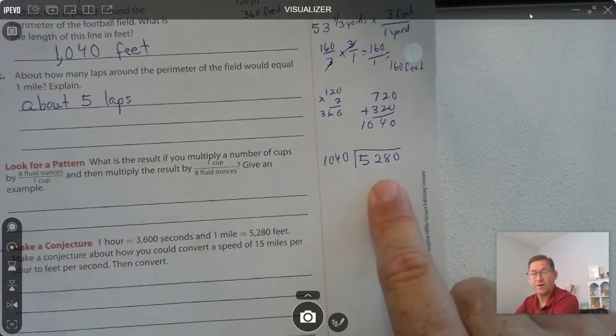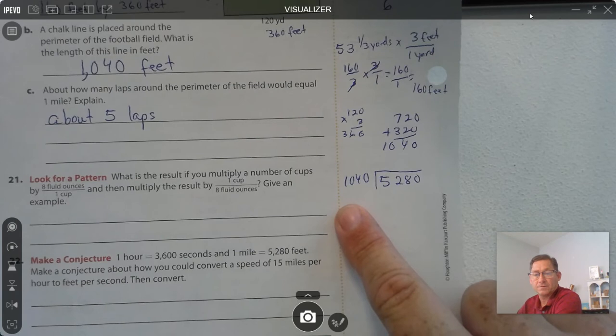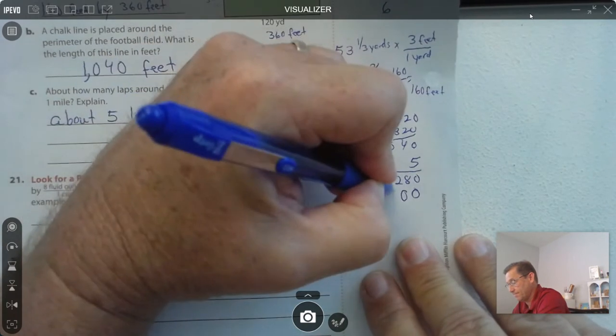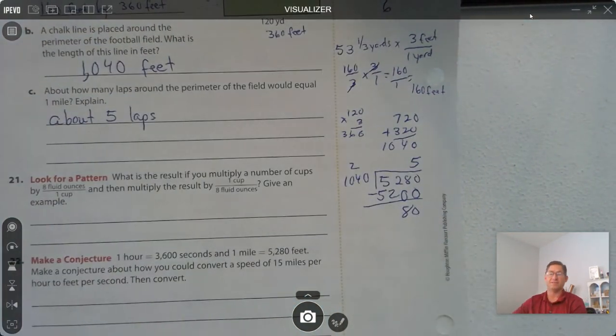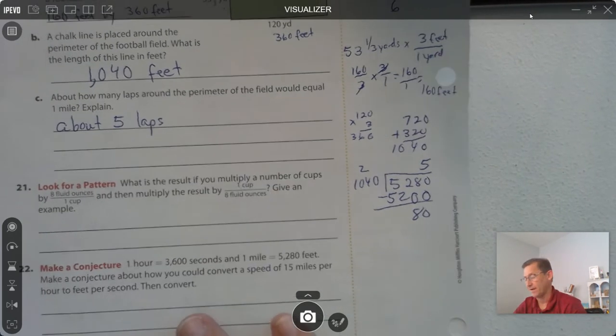There's 5,280 feet in a mile, and our perimeter is 1,040 feet. So if we multiply by 5, we get about 5 times. Okay, we've got about 80 more feet to go. So a little over 5 laps.